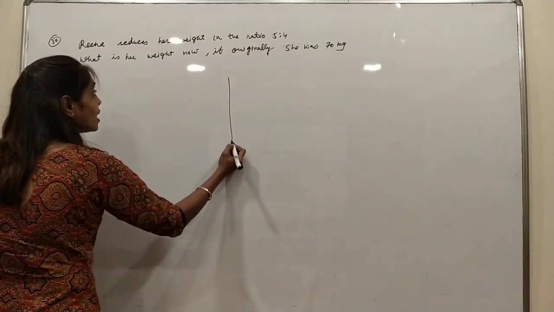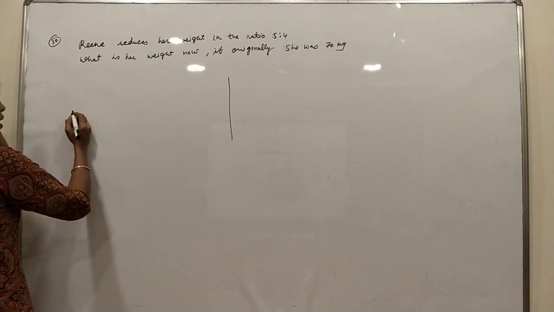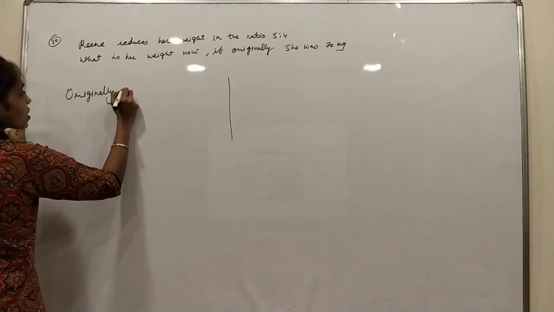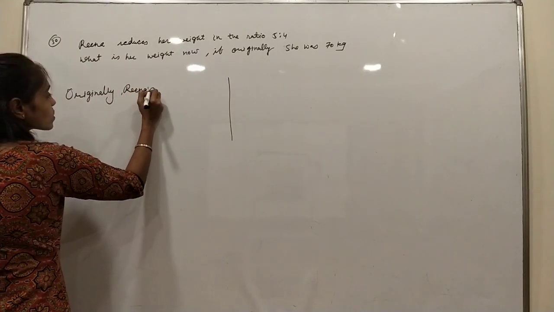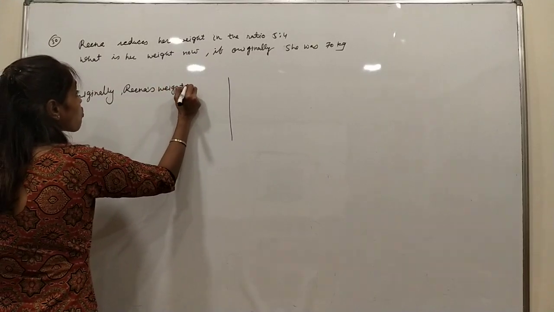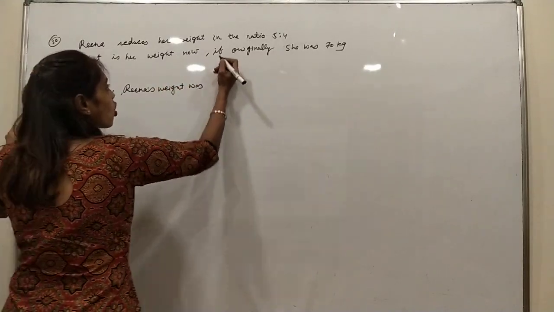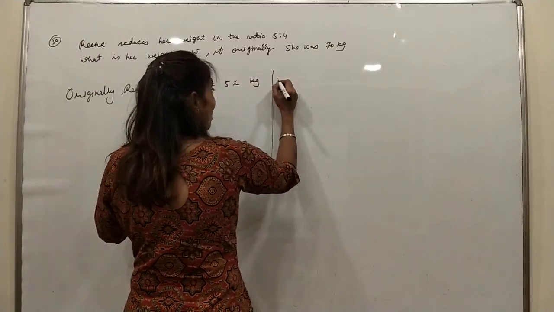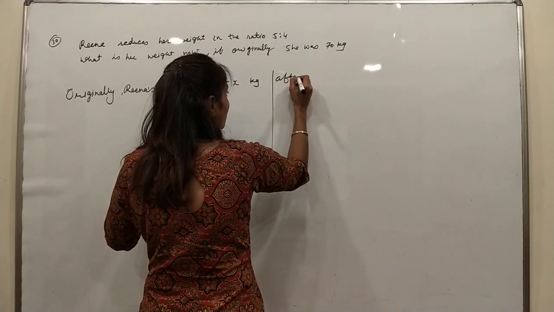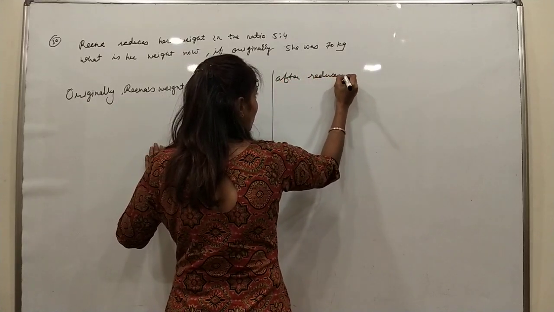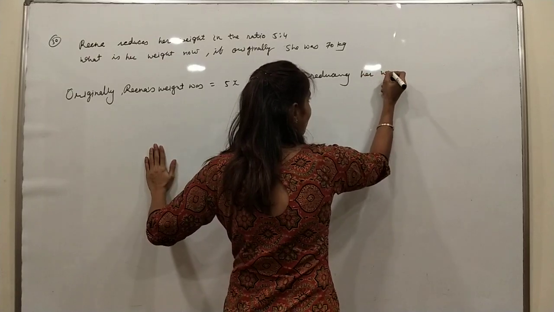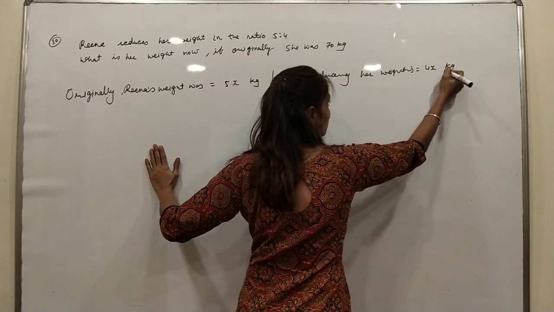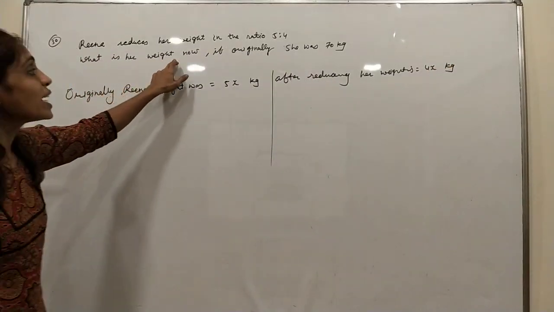So originally Reena's weight was 5x kg, but now after reducing her weight is 4x kg. Got it? What is her weight now?